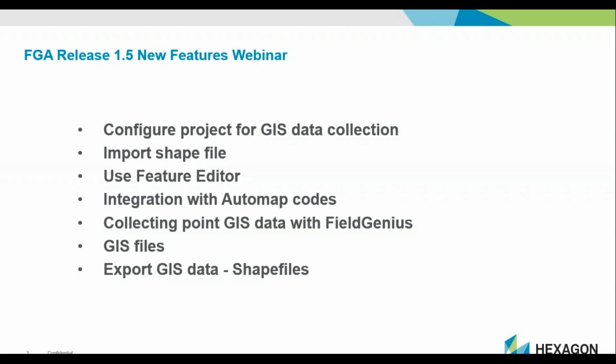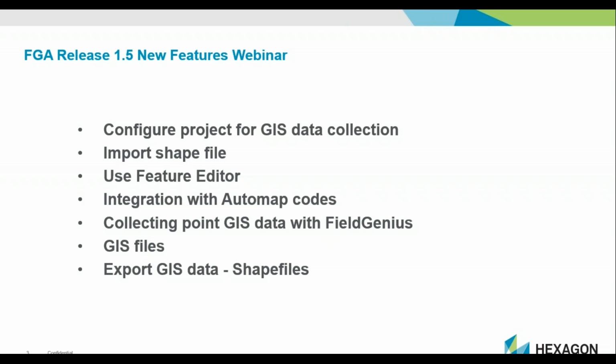So what I'm going to cover in the presentation here is collecting GIS data. Just general import. You can import a shapefile from the GIS system as a background if you want. And then we use a feature editor. And this is one of the main differences, that you actually have to set up your features and attributes, plan it out ahead of time, and construct the feature file that we use.